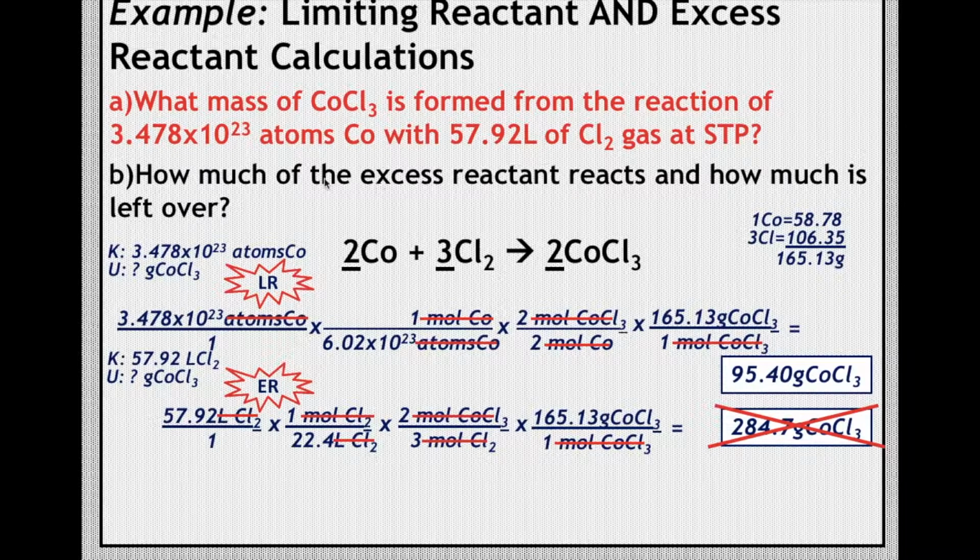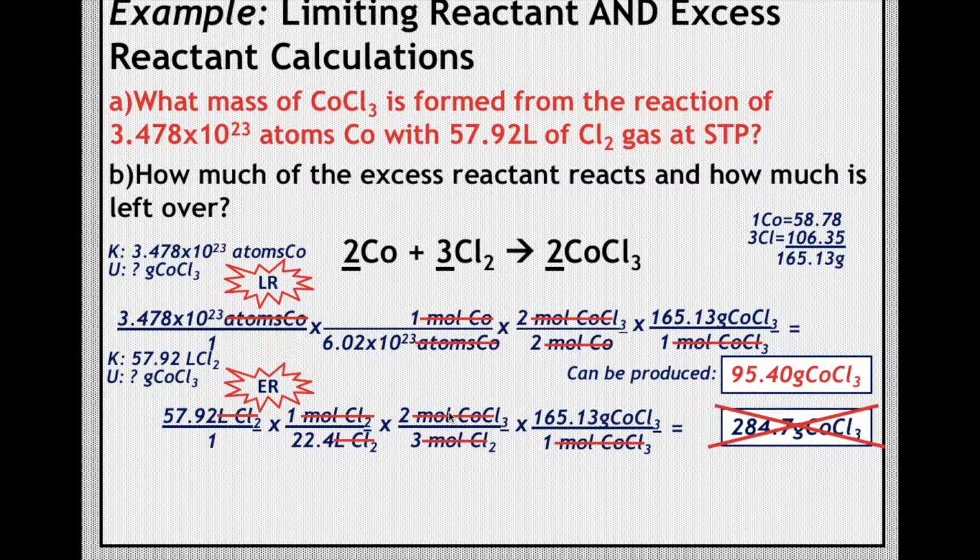If the limiting reactant is this one, that means the excess reactant, the reactant that's left over, will be chlorine, okay? So the chlorine gas will be left over, and the cobalt will be the limiting reactant. So once cobalt is gone, the reaction will not occur anymore, and we will have excess or extra chlorine gas.